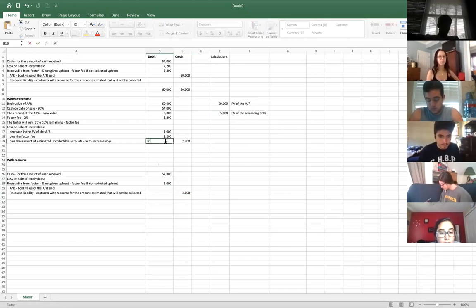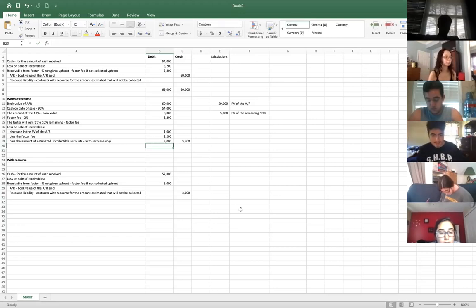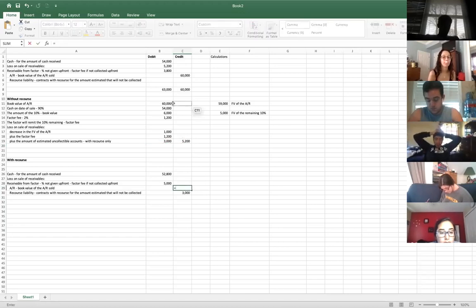All right, so I had recourse liability of $3,000, right? Okay. And then you credit your accounts receivable for $60,000. All right, for the book value, good. And then you just take the difference of your debits and credits. Okay, I'm pressing the bullshit button on that.